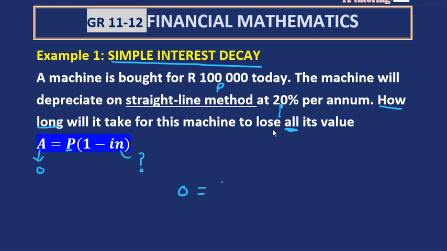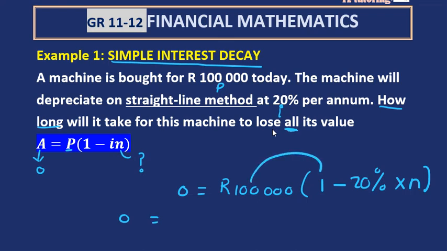P is the present value of the machine, 100,000, times 1 minus, because this is a decline, depreciation, so we have a minus, and the depreciation rate is 20% multiplied by n.